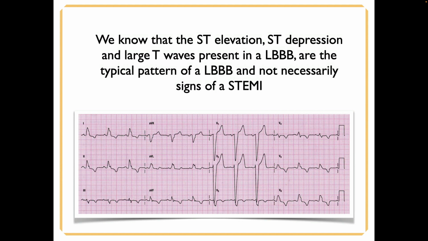So what we see in the left bundle branch block, the thing that makes it look so much like a STEMI, is we have ST elevation, and we have big T waves, and we even have some ST depression, all things that add up to really bad ACS and maybe a STEMI, but that's part of the typical pattern of a left bundle branch block.